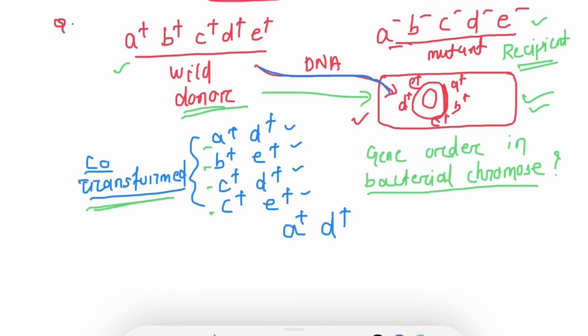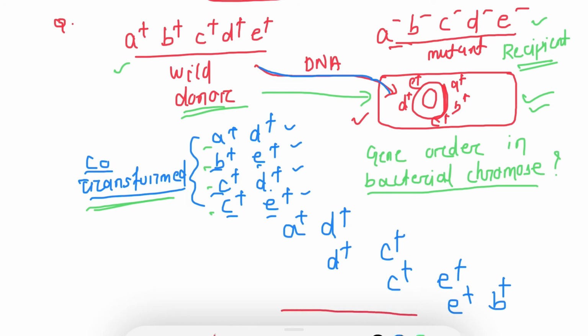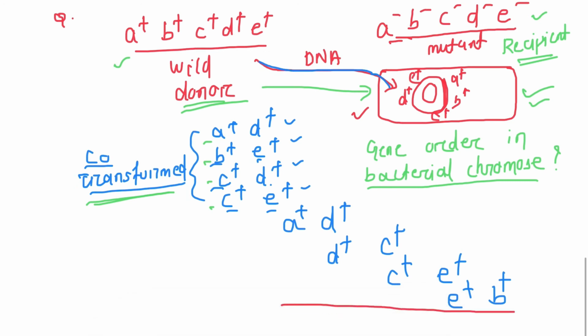Then here the C plus and D plus, so let me write down D plus, then C plus. Then here C plus and E plus. Then B plus and E plus, so I can write it here like this: E plus, then B plus. Right? So from here you can now find out the gene order.